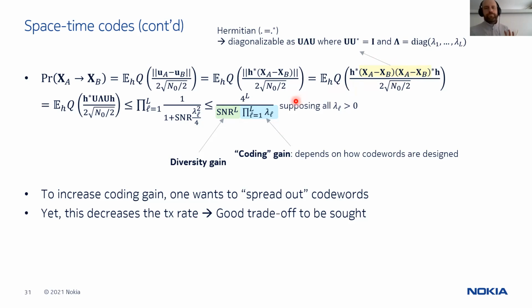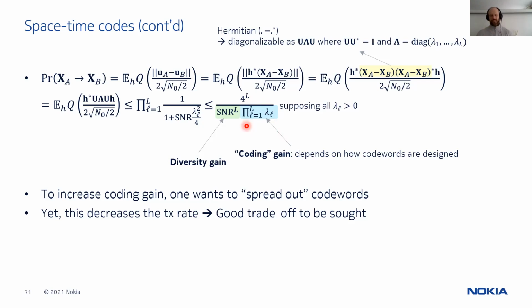But basically, the main message is that you achieve diversity here, which is good, but another way to decrease the error probability is to design these code words, which in the repetition code and the Alamouti scheme were fixed by design. But if we can further design them, we should design them such that this product of eigenvalues is as big as possible, such that the probability is as small as possible.